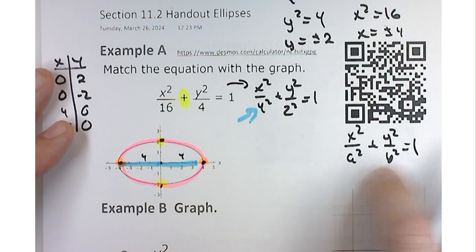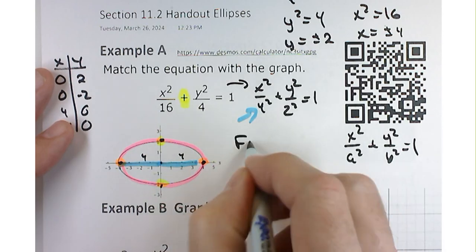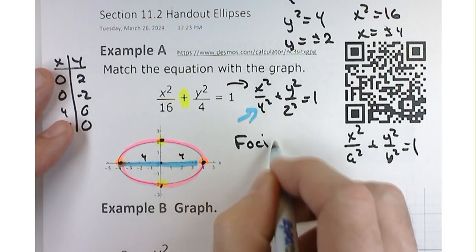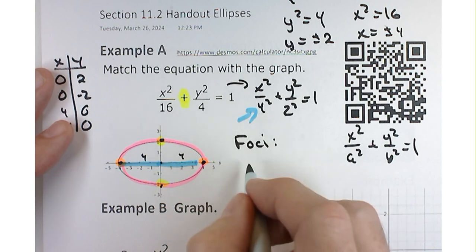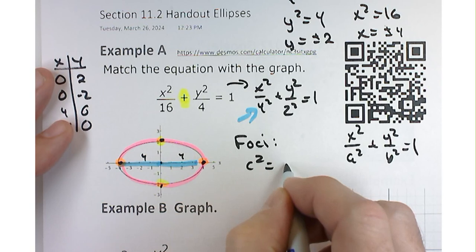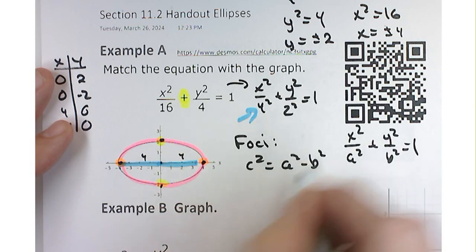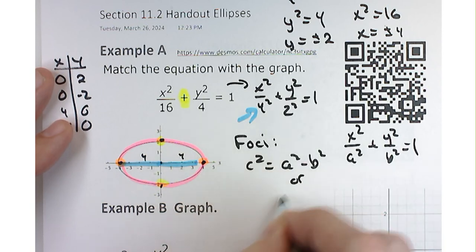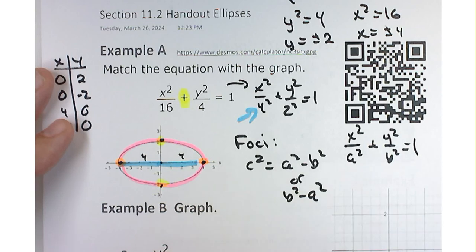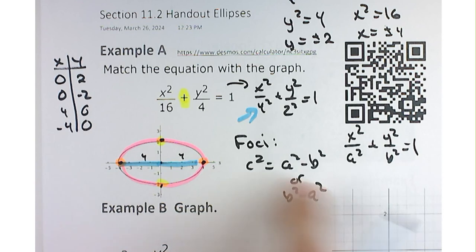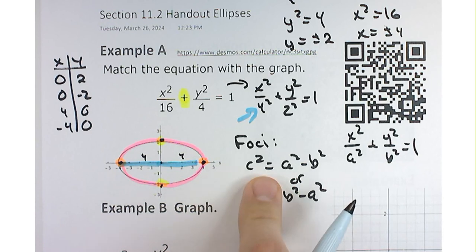To find the foci, you're going to have to move a distance of c away from the center, where c squared is defined as a squared minus b squared, or b squared minus a squared, whichever one is positive. Depending on which one is positive, subtract it, take the square root, and then you can find c.